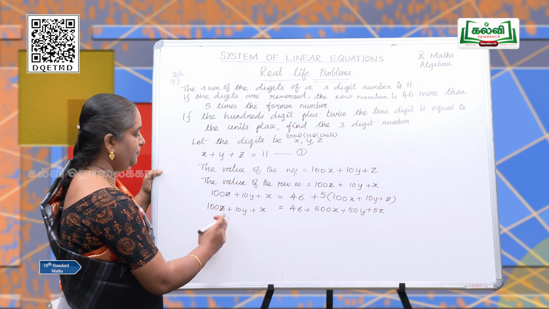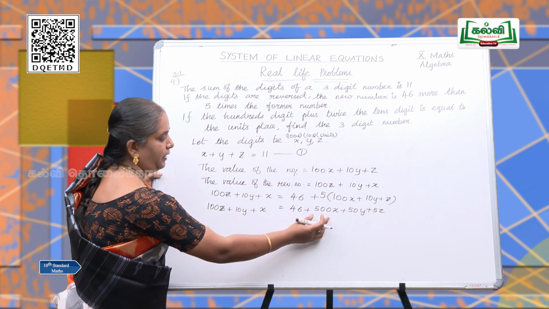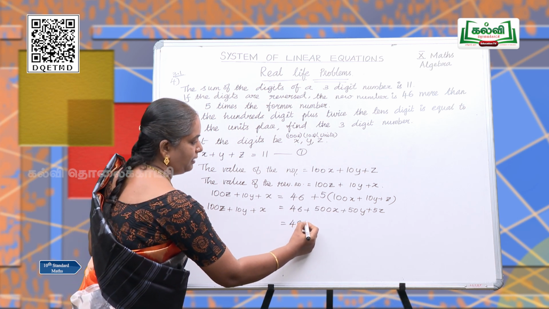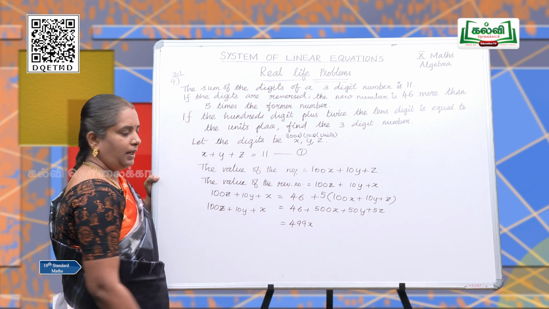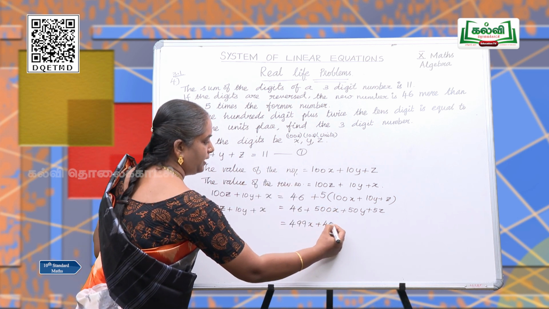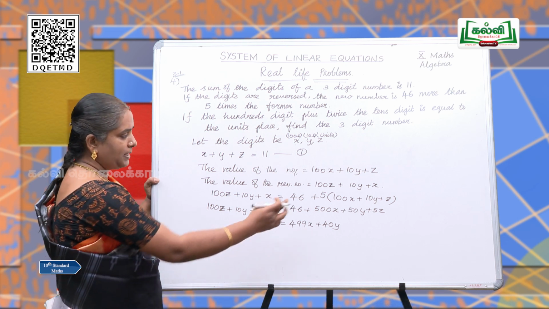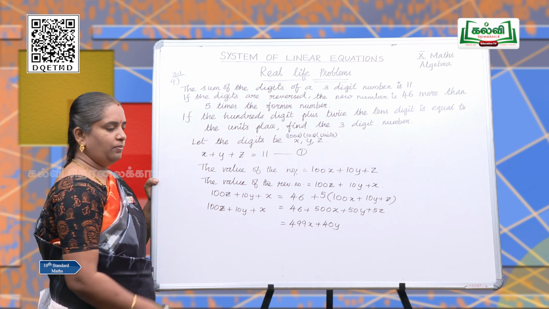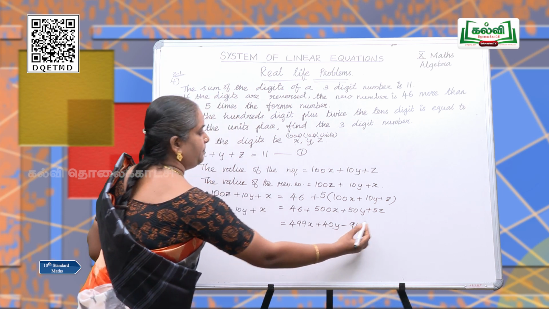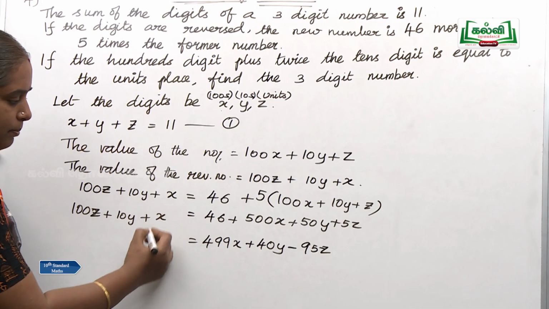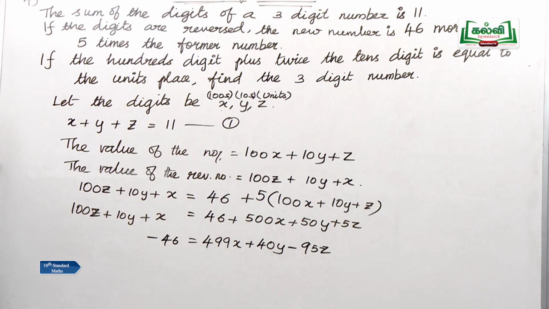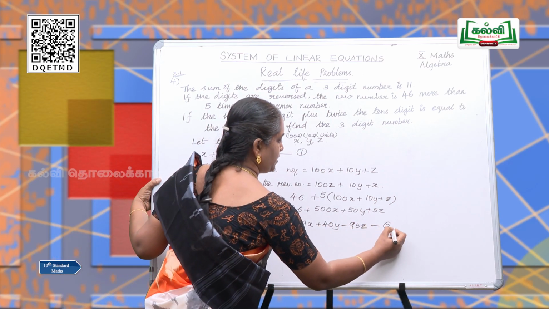On simplification, we get 500x minus x, that is 499x, and 50y minus 10y, which is 40y, plus 5z minus 100z, so minus 95z is equal to minus 46. This 46 comes as minus 46. This is our second equation.